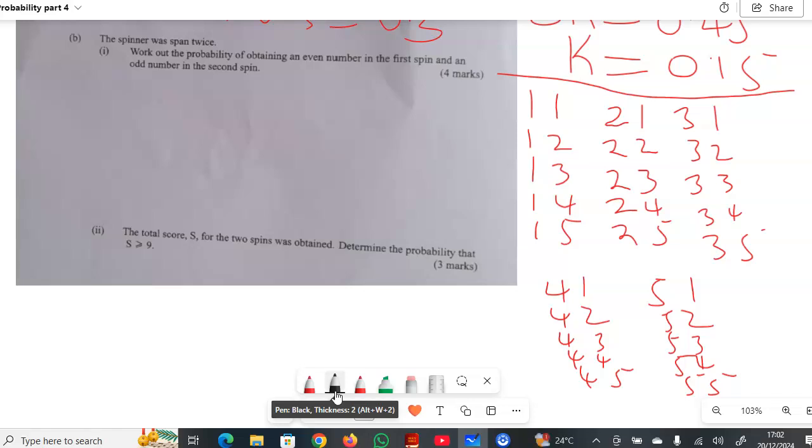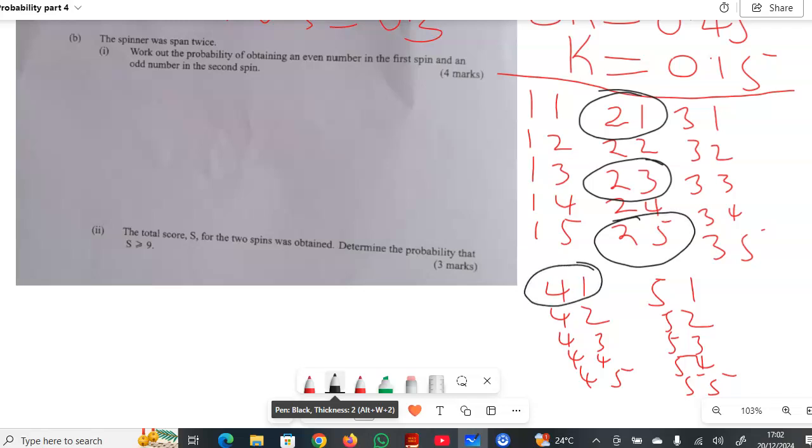So in that case, we have an even number 2 with odd, that is 2 and 1. You can have 2 and 3 or 2 and 5. Then we can also have 4 with 1, and then 4 with 3, or 4 with 5.